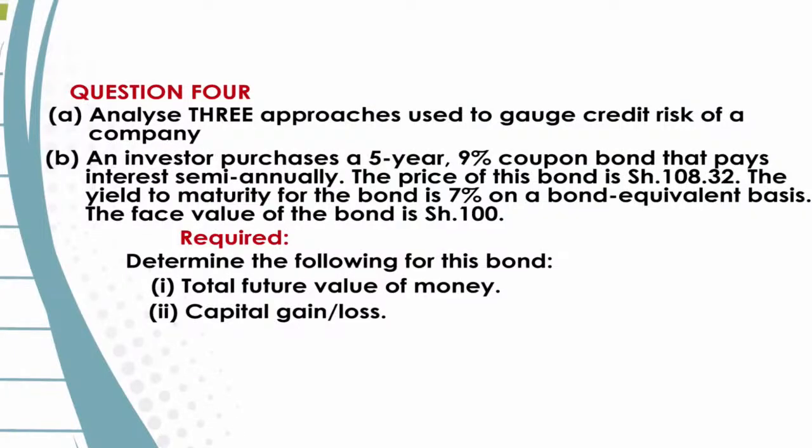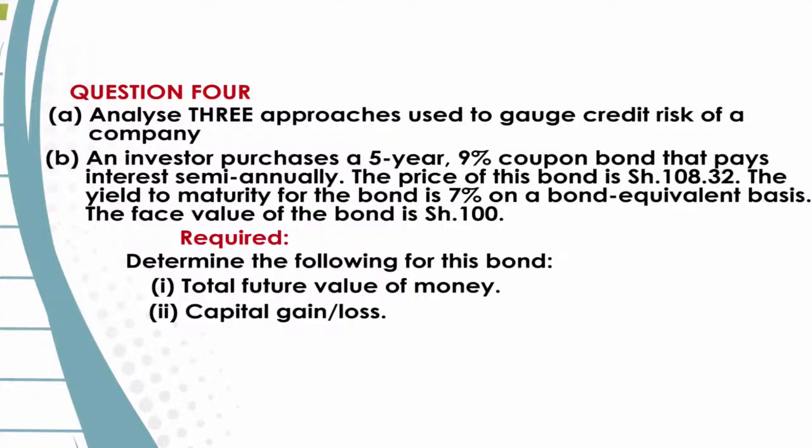We read here the value of this bond is 108 shillings and 32 cents. The par value of this bond is 100 shillings, and therefore there is a capital loss because the price is higher than the par value.